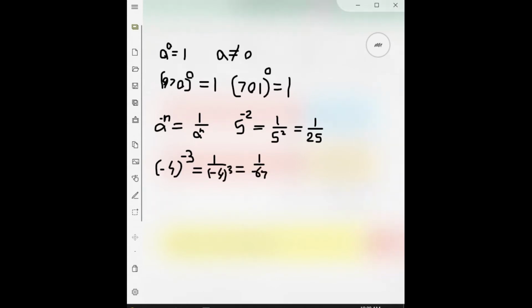And if it's a negative number with a negative exponent, the number itself would be negative still, and the exponent would be positive. So here I'll just list off some rules that should be followed in any algebra or calculus problem.